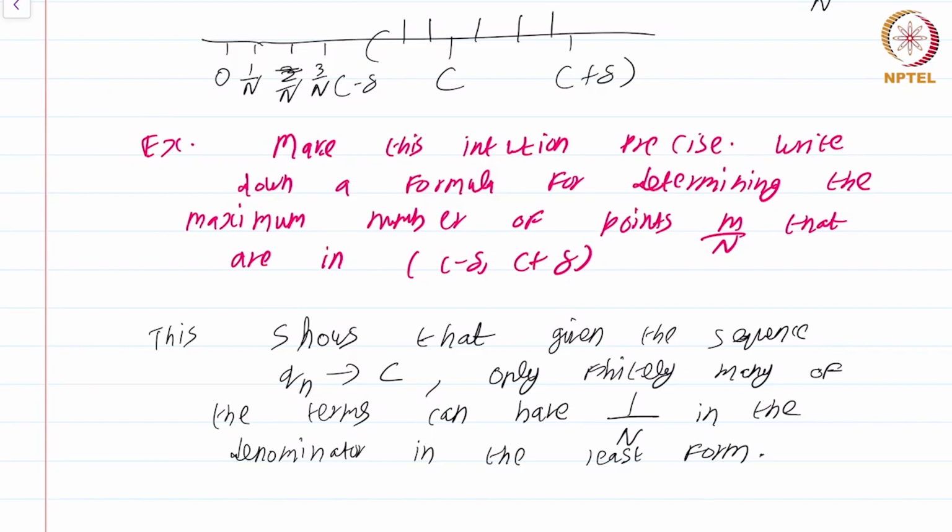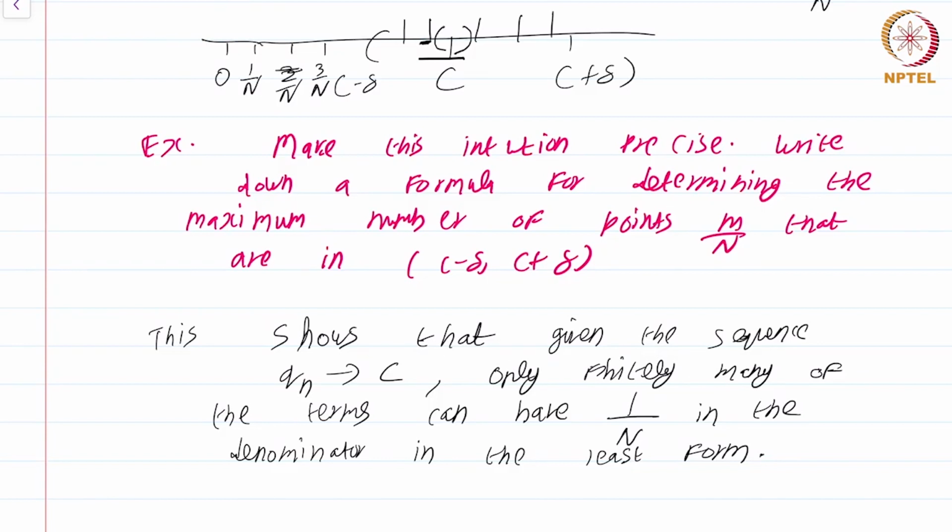So if the very last point closest to C is here, then if I choose a much smaller delta and choose this new interval, none of the points of the form m by capital N are going to be in this new interval.